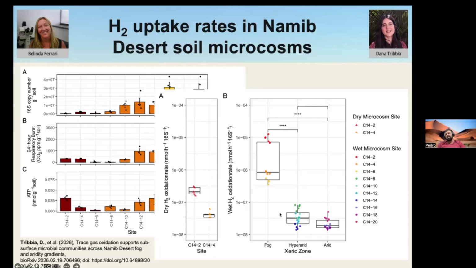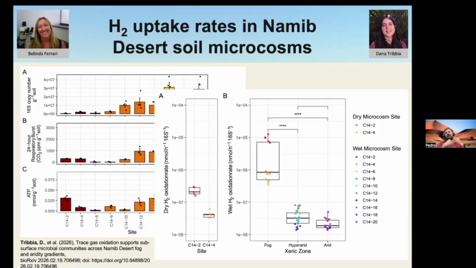So this means that in the fog zone specifically, hydrogen oxidation seems to be a very important trophic strategy for the survival of these systems.